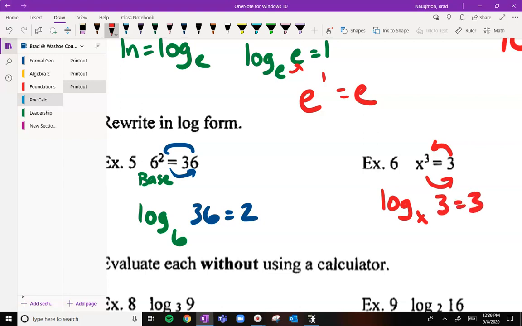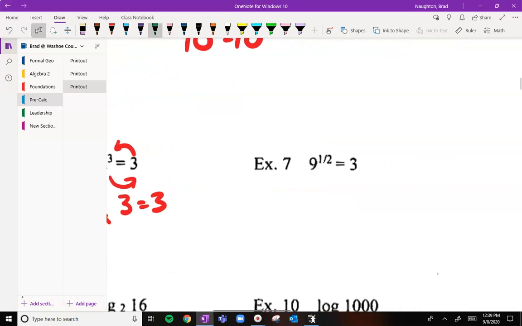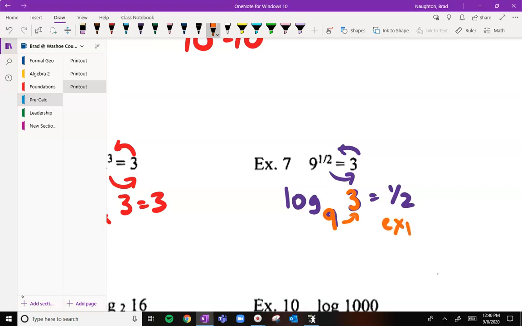Cool? All righty. Number 7, left right equals middle. So log base 9 of 3 is equal to 1/2. We all gravy? So, ladies and gentlemen, boys and girls, remember, it's how do you go from the base to the next number using exponents. That is what a log is trying to tell you.